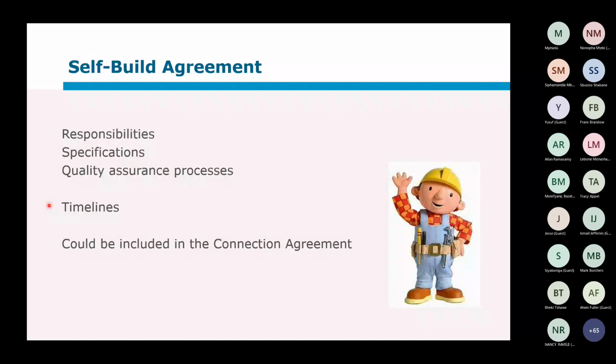Once again, these timelines also is actually a request from the grid code that your customer knows what to expect. Once again, this can be either included in the connection agreement or it can be part of that budget quote acceptance fee. So if you opt for the self-build, you have to sign this agreement, and that forms part of the quotation documentation.